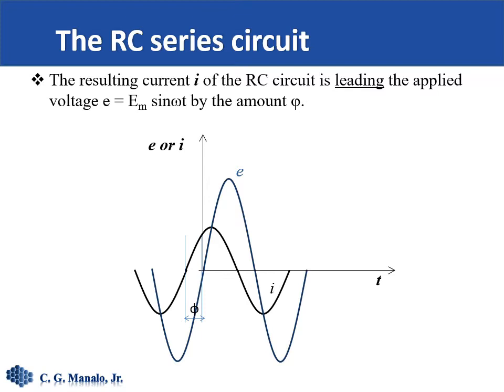We also plot the steady-state response of the RC circuit versus the sinusoidal source, and we observe that the response is actually leading the source voltage by an amount phi degrees.